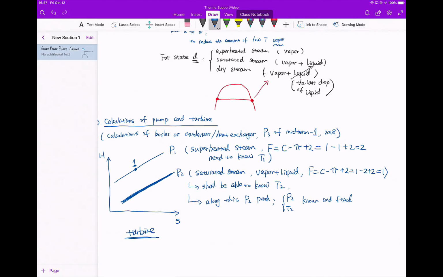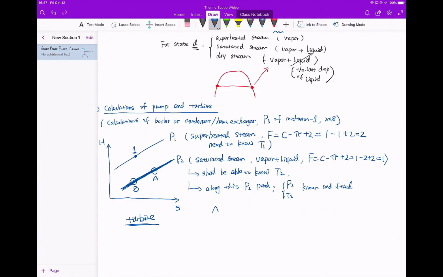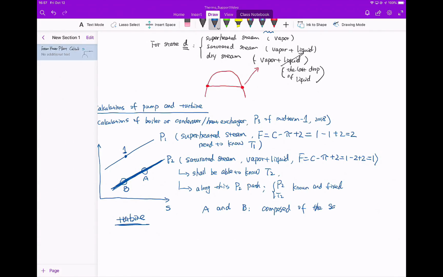What I mean by this is, if you take a look at this, for example, this is state A, I have state B. A and B are composed of the same vapor at T2, P2 and liquid at T2, P2.